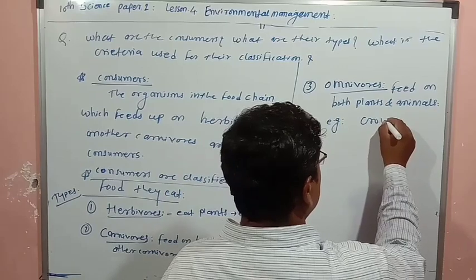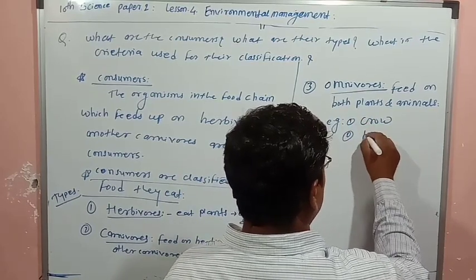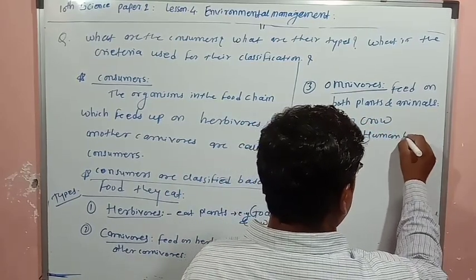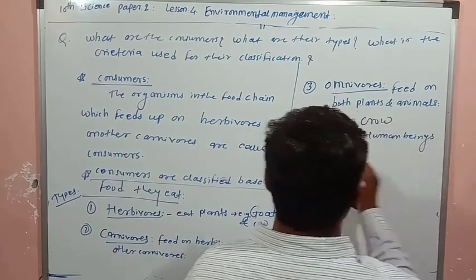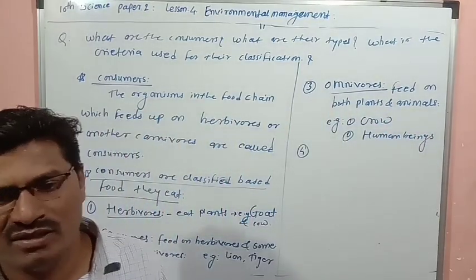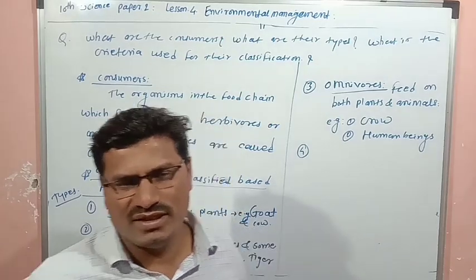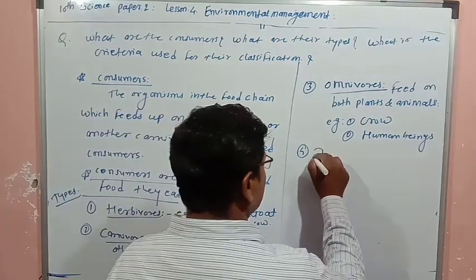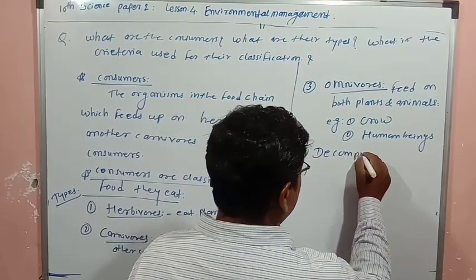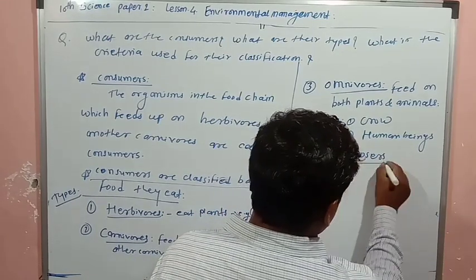An example is the crow, and human beings are also omnivores. The fourth type is decomposers.